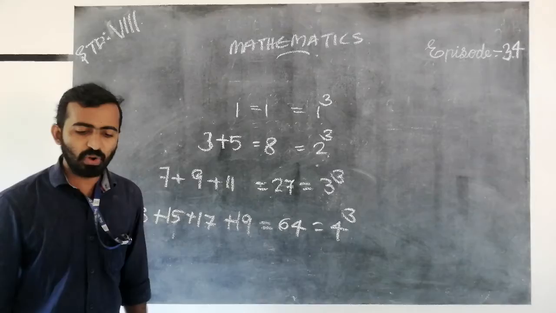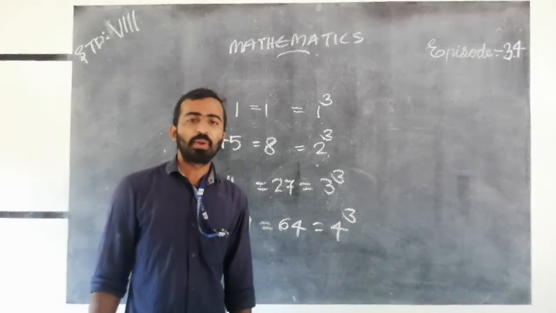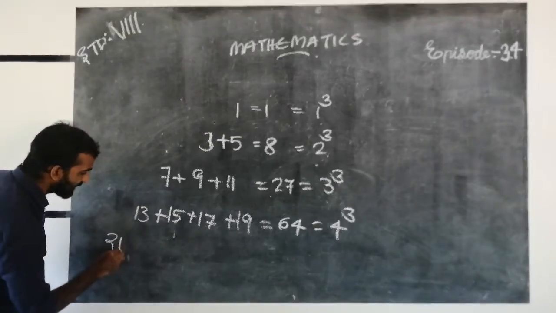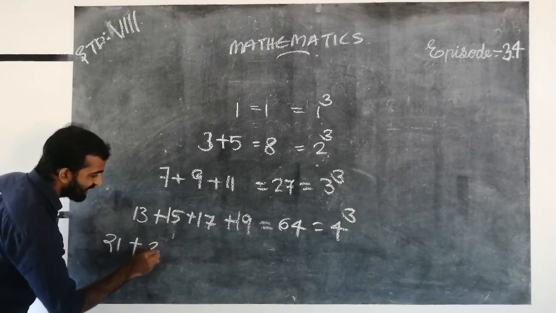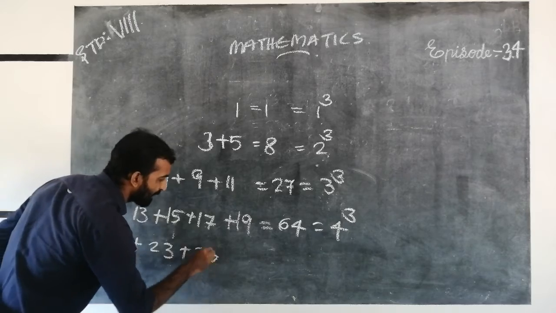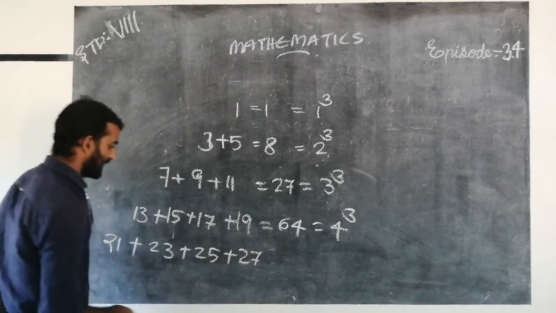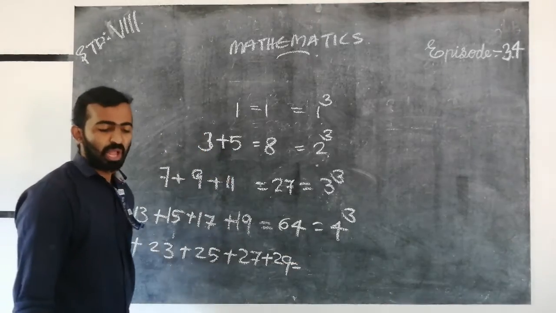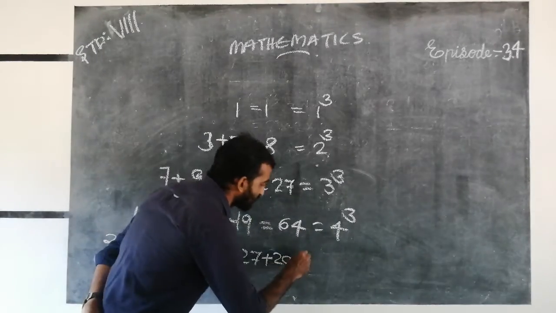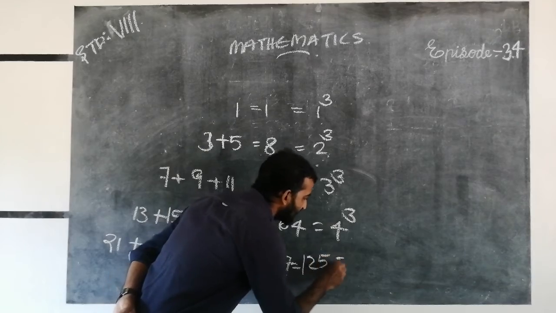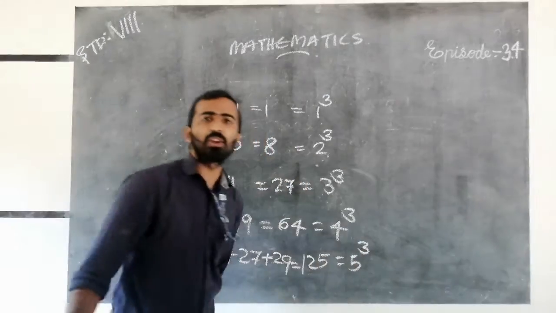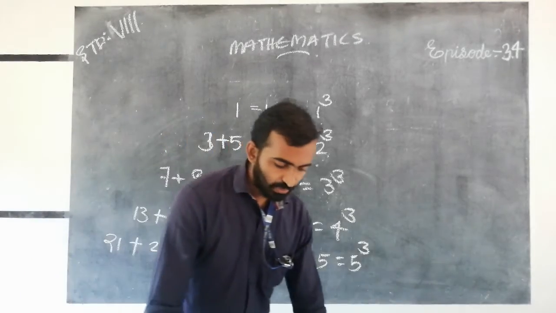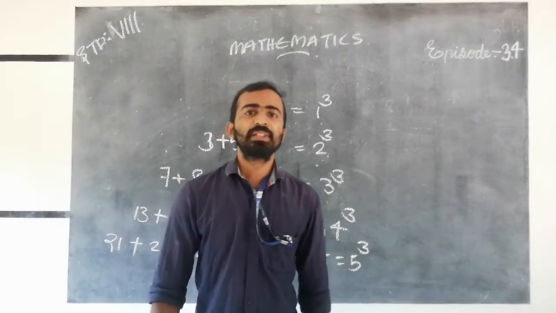The next pattern is 21 plus 23 plus 25 plus 27 plus 29. The answer is 125, that is equal to 5 cube.